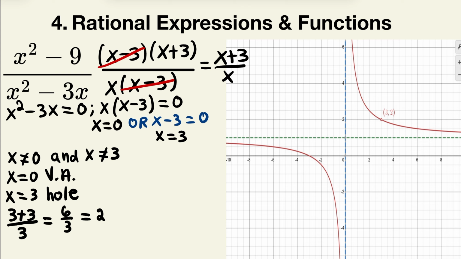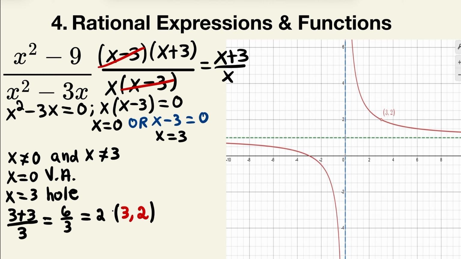Okay, so that means that we have a point at 3, 2, because remember, we have x equals 3, and then we have y equals 2. So let's write that. So that is 3, 2. And I'll just write that in red so that it stands out.